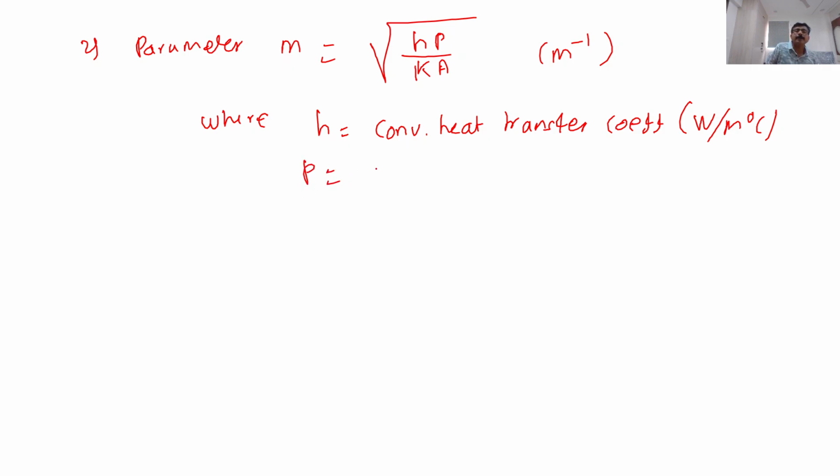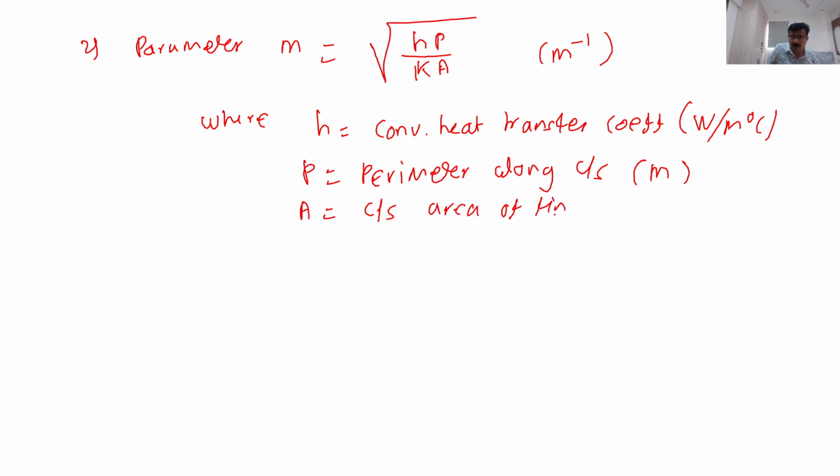What is P? We have discussed the formula of P. It is the perimeter along the cross section, given in meter. The formula for this is already discussed; see the previous slides. A is the cross sectional area of the fin. How to take the cross section? This is very important: perpendicular to the length. Visit the previous slide and you will get an idea. Its unit is meter square.